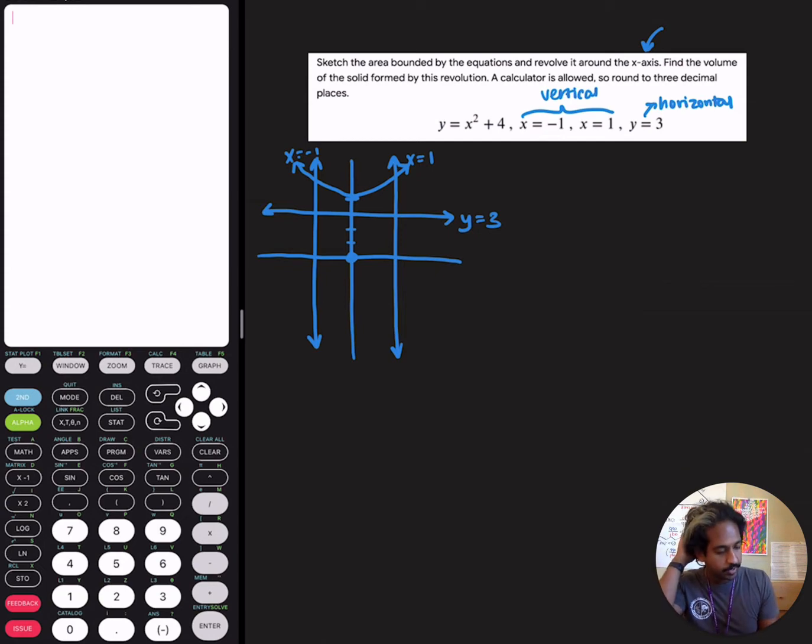So the area that we're talking about, I'll color it in red here so we can see it a little distinctly. The area that we're going to rotate around the x-axis is right here. I'm just going to color a little bit there. There we go. And so this is going to go all the way around. I can show its reflection on the other side.